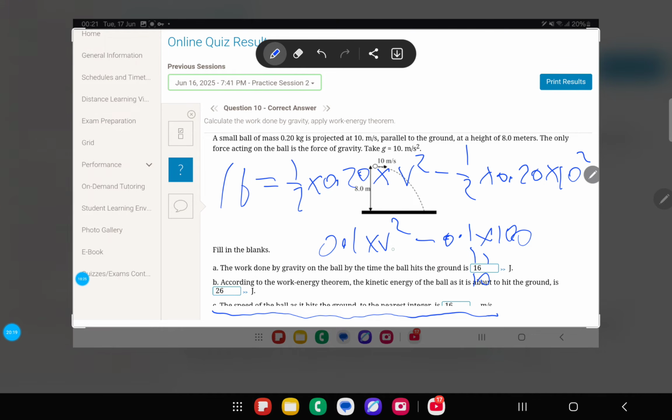So 0.1 v squared minus 10 equals 16. We move 10 to the other side: 0.1 v squared equals 10 plus 16, which is 26. Divide by 0.1: 26 divided by 0.1 is 260. So v squared equals 260.